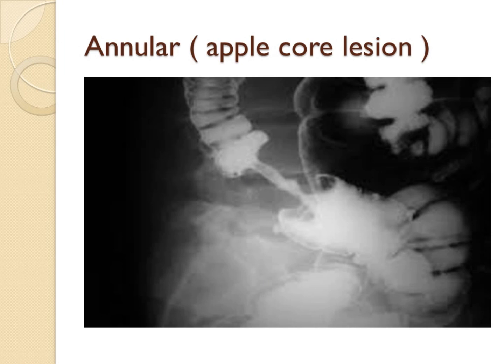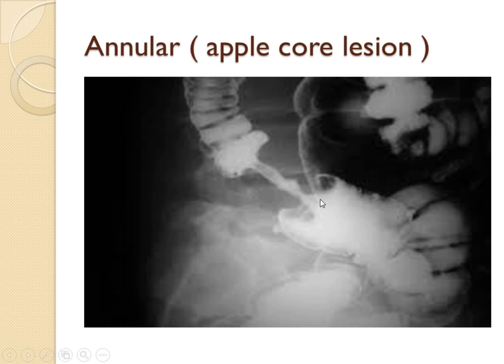In annular lesions, it's like a napkin ring lesion, in which the mass is making pressure all around the colon, causing shouldering and also narrowing of the lumen of the colon.